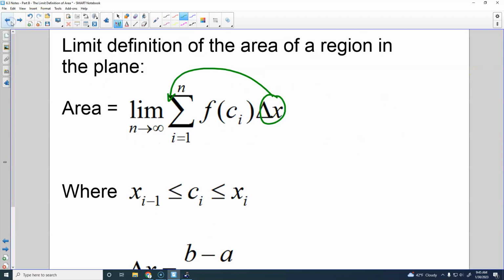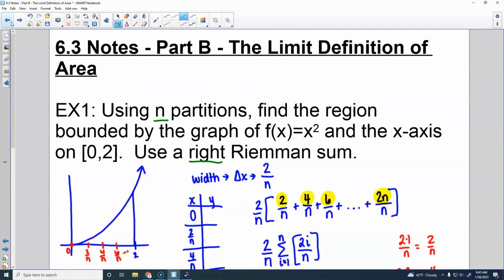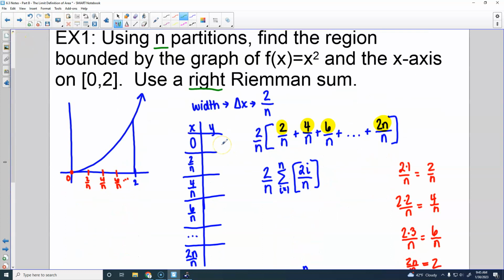Oh, did I do this last problem wrong? I did the last problem wrong. Here's why I did it wrong. I did this wrong because 2 over n is not this plugged into the equation. What should I have done to my 2 over n?